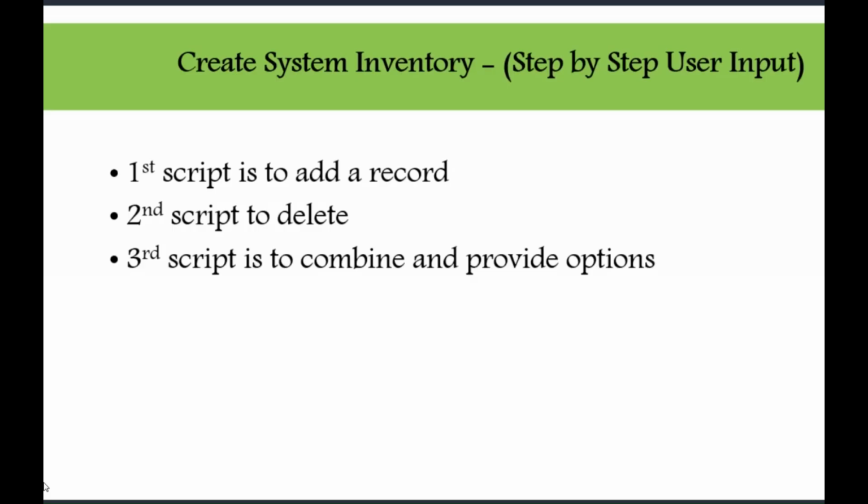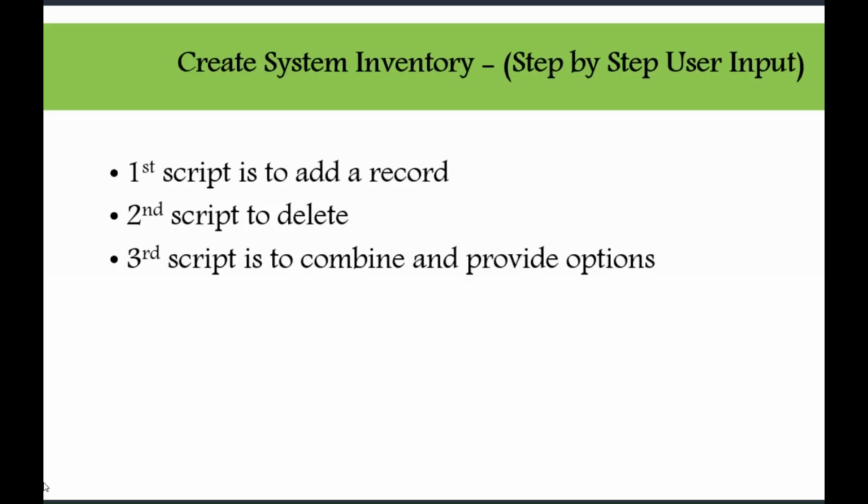We will use a case statement in which it asks, hi user, what do you want to do? Do you want to add a record or delete a record? The user picks A to add a record or B to delete a record, and depending on their choice, it takes them to either the first script or the second script. So this is what we are actually going to learn.